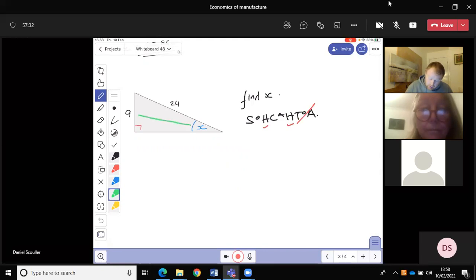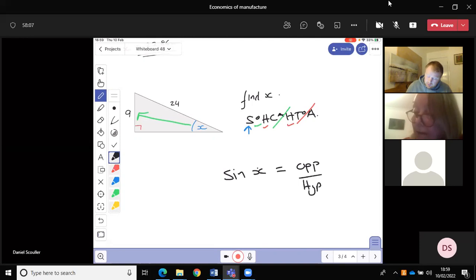The side that we've got the data for is opposite that, so it's not touching it. So we can tick the wee O, and that means we can rule out the adjacent. We're trying to find the angle, which comes under that S. So sine rule again, and I'll use the word x: opposite over hypotenuse.